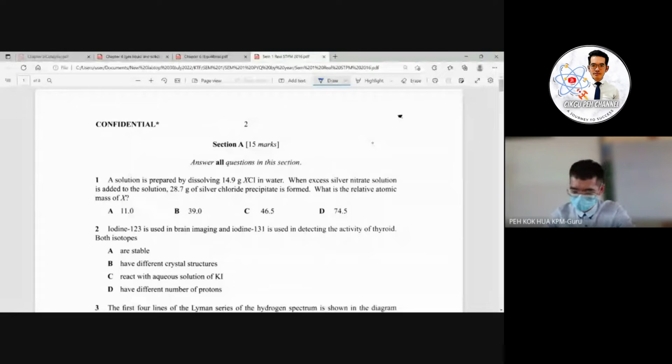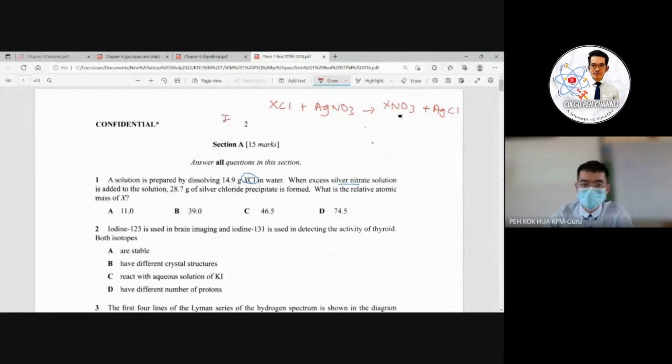The equation is the reaction between HCl and silver nitrate: HCl plus AgNO3 becomes XNO3 plus AgCl. So this will be the reaction.